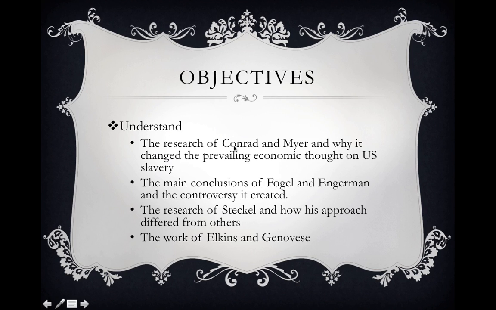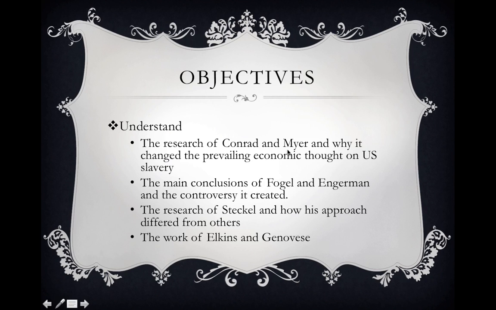What is going to be important about this research is that it really overturned much of the prevailing wisdom that existed about the economics of slavery, of the plantation system in the South. So what I want you to understand is, number one, have an understanding of what people thought about slavery from an economic perspective prior to the research of CONRAD and MEYER, and how their research changed that prevailing thought.